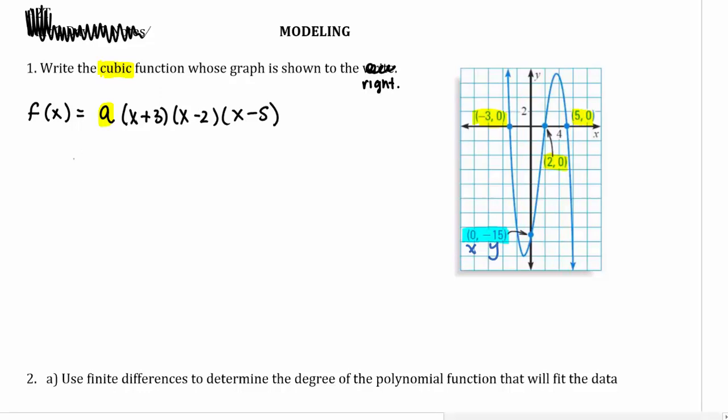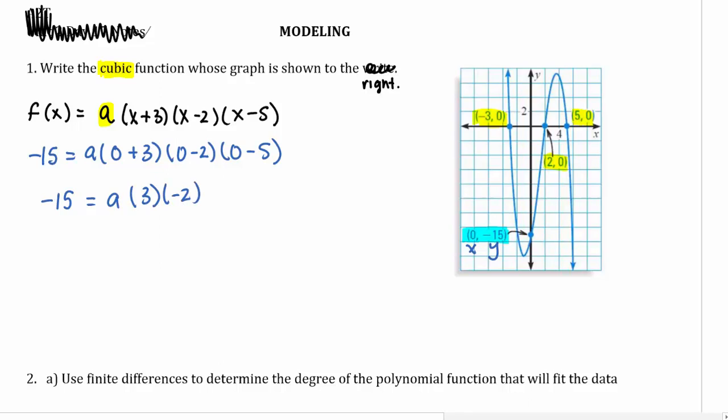So x is 0 and y is -15. So that's going to give me -15 equals A times 0 plus 3, 0 minus 2, and 0 minus 5. So for every x, I plugged in 0, and for y, I substituted in -15. Then I'm just going to solve for A. So that is -15 equals A times 3 times -2 times -5.